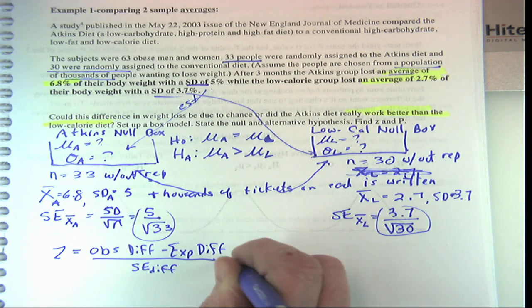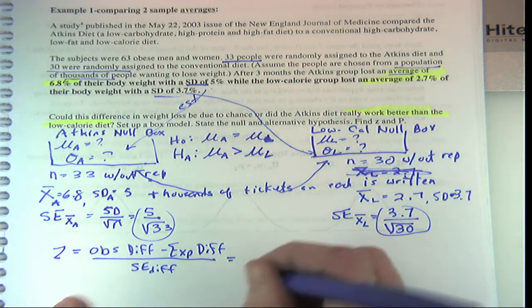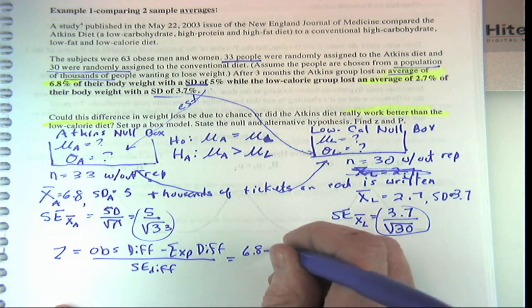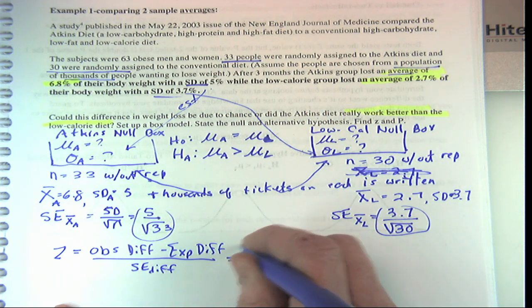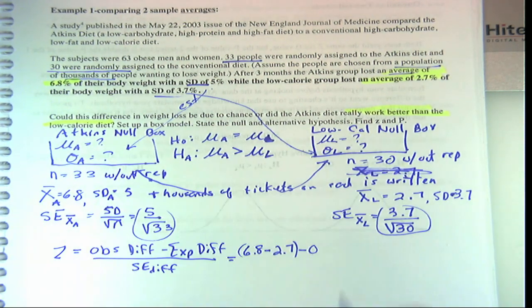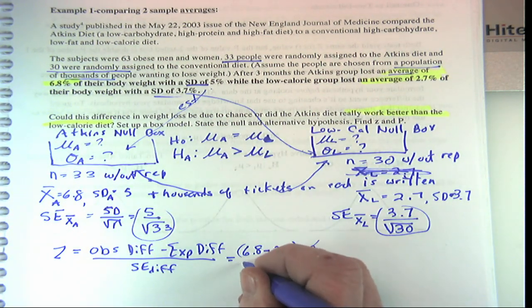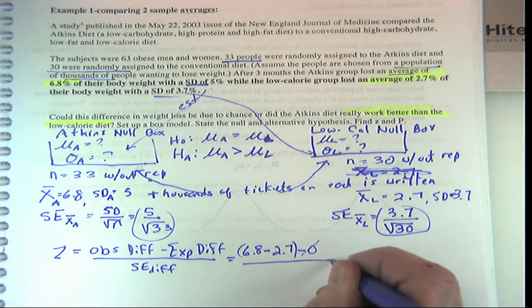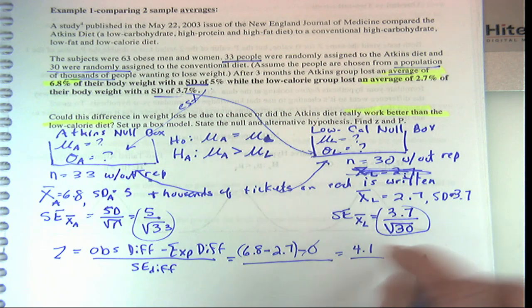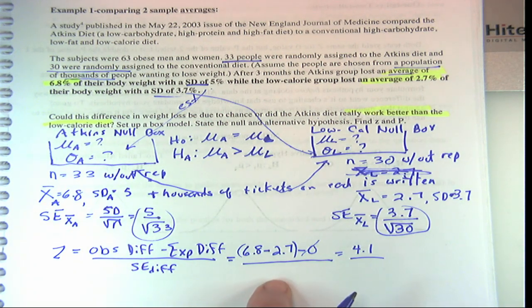So we've observed this difference of 6.8 minus 2.7, that's 4.1, minus our expected from the null, which is 0. Now we just have to combine these two standard errors. We know it's 4.1 in the numerator, but what is it down here?